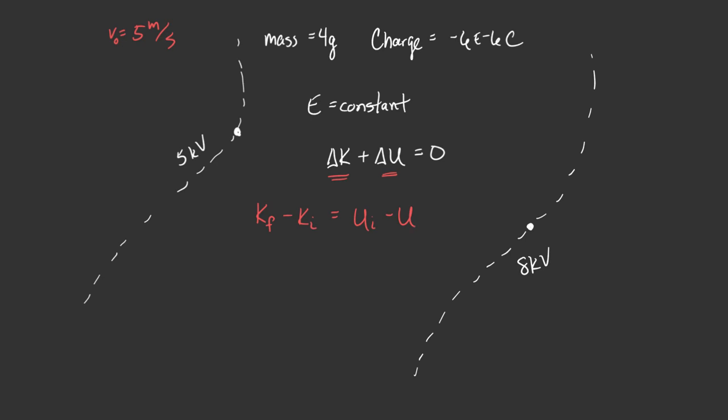Or, probably the way I will do it, negative delta U. I'm saying it that way because I have delta V. Delta V is 8 kilovolts minus 5 kilovolts. So delta V is 3 kilovolts. And if U equals QV, then delta U must equal Q delta V.